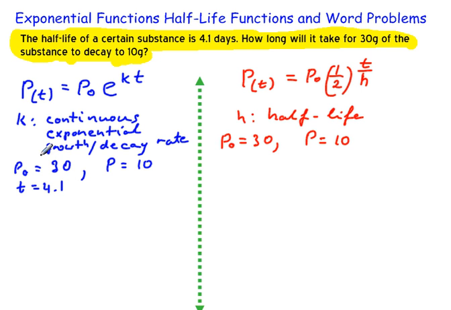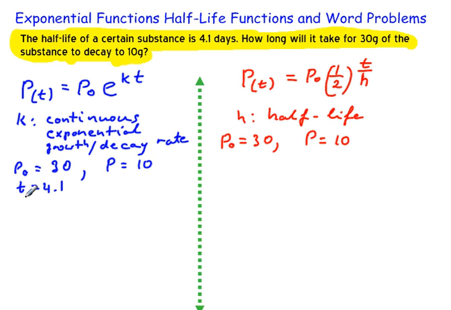So now you can see that I have left hand side taken care of because that's the number 10. P0 is 30. T is 4.1, and we'll find that continuous exponential decay rate in this particular equation. So let's plug in and find the value. Now, correction.